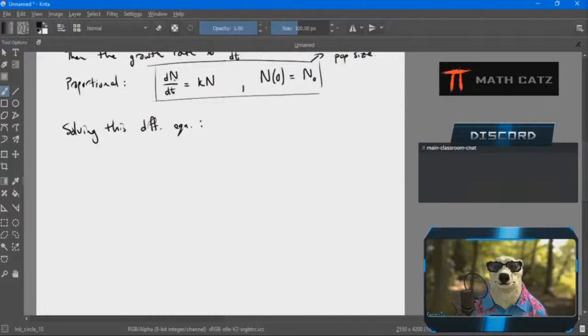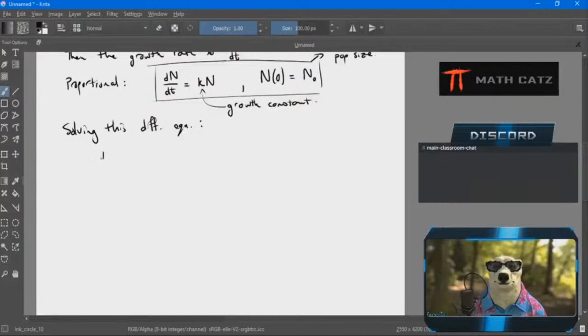My function is now an N, and my independent variable is a t. Remember, k is a constant. It's called the growth constant. And it'll change in value from one situation to the next. The growth constant for bacteria won't be the same as the growth constant for people, and so on and so on. So I'm going to separate my variables because the N is on the wrong side.